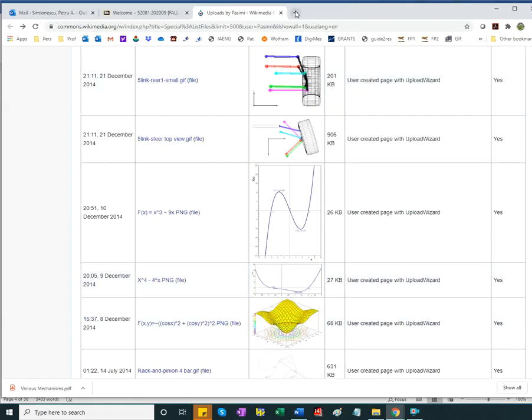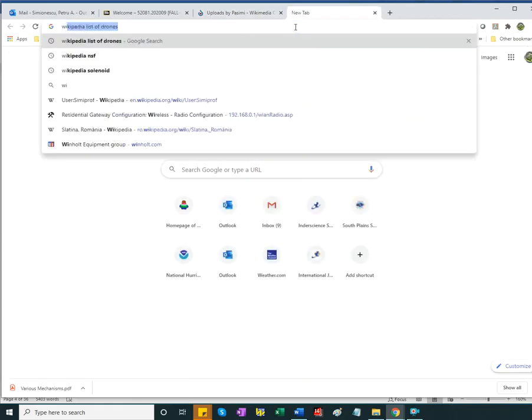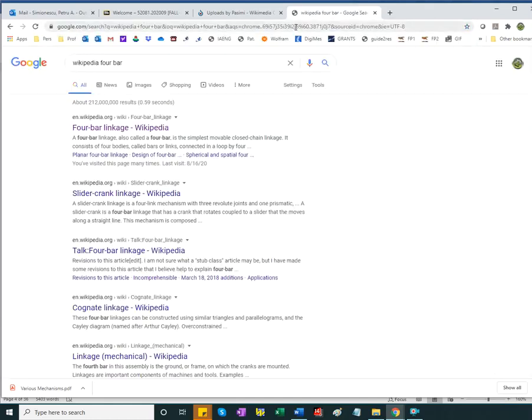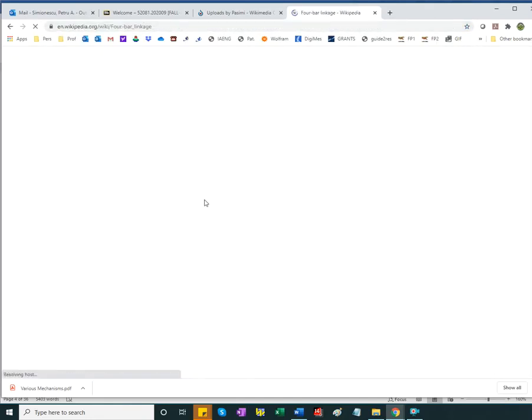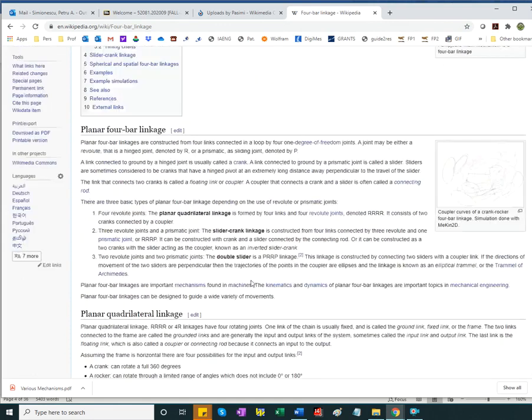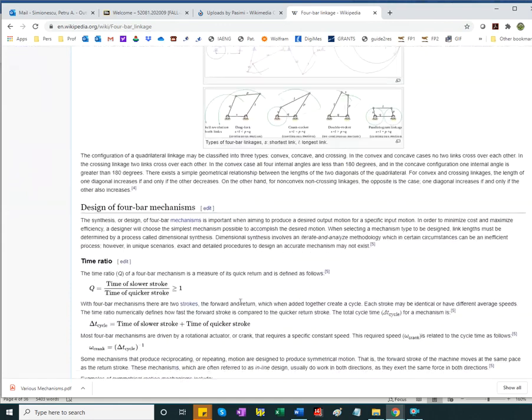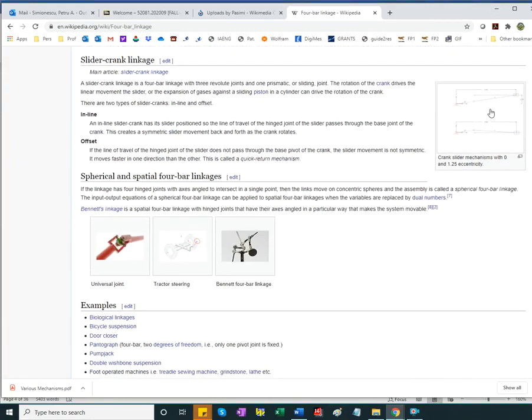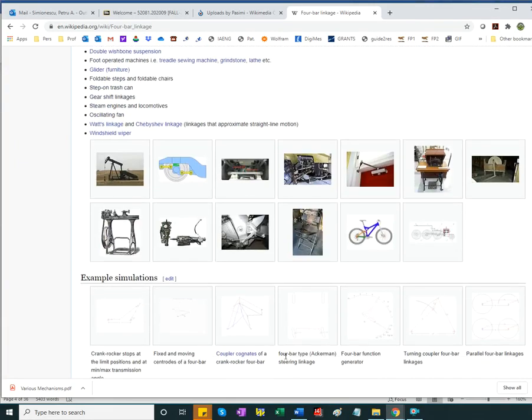If not, there's of course a possibility to go to the Wikipedia 4-bar article, it might be there or easier to find. So this is my upload. We looked at this one, and then this is the slider crank, not discussed here.